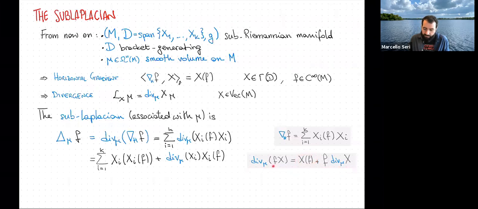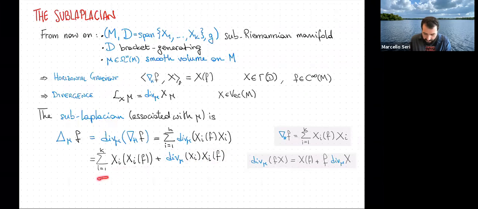The divergence of a product of a function and a vector field is just the directional derivative of the function plus the function times the divergence of the vector field. With those two properties, which you obtain exactly the same way as in the Riemannian case, you can explicitly compute the Laplacian of a function. The Laplacian of a function is the sum of X_i squared plus some coefficients times an order 1 operator.